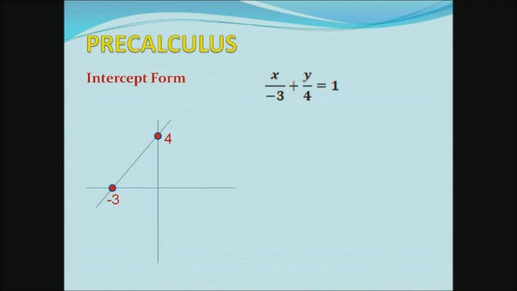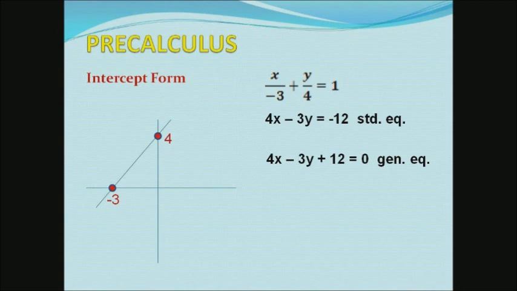And then, as you can see, we have two denominators. So what we will do is we will multiply both sides of the equation by the denominators. Or, first, you have to multiply the denominators, -3 and 4. And so you have -12. And therefore, you will multiply both sides of the equation with -12. Or we can also say that we will multiply each term of the entire equation by -12.